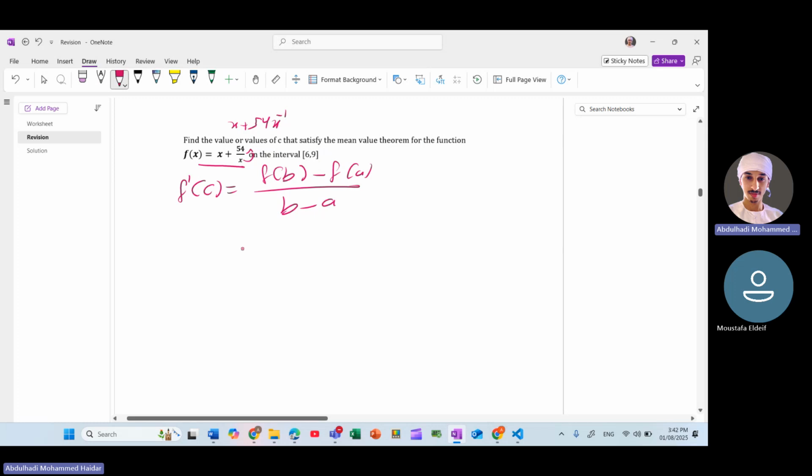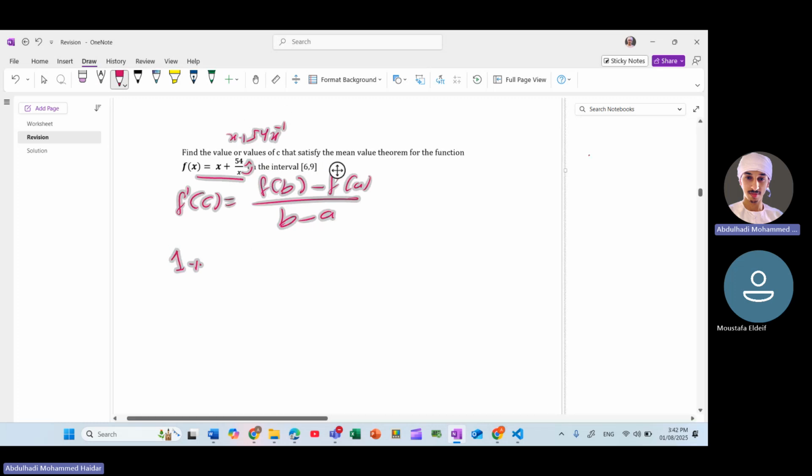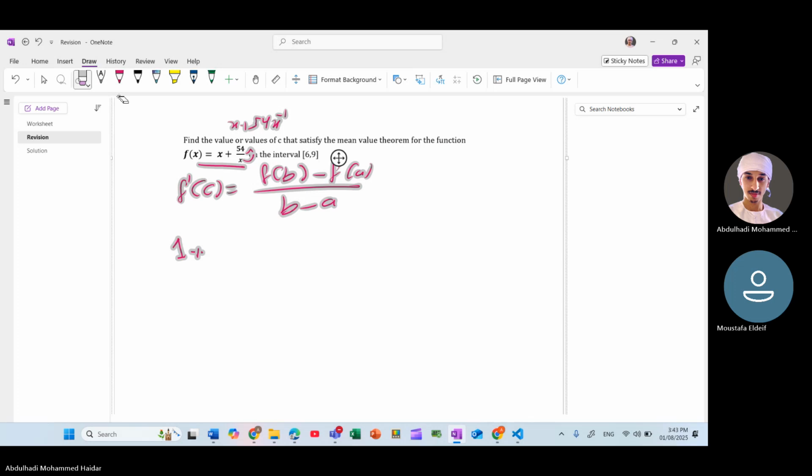The derivative is 1 plus, because the derivative of x is 1, and then this one is going to be minus 54x minus 2, multiplied and subtracted by 1. Equal to f of b minus f of a. This is a, and this is b. So for f of b, take b, which is this one, and substitute it here. If we hurry up, here it's going to be 0.